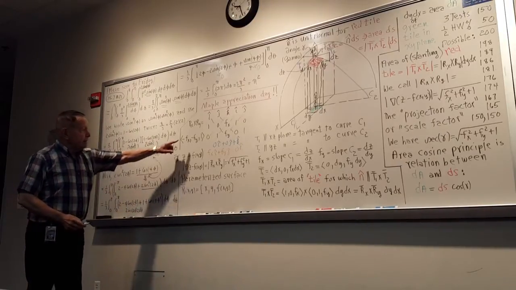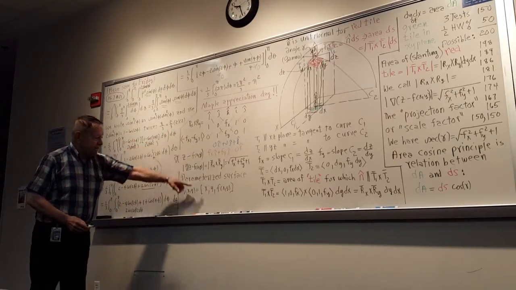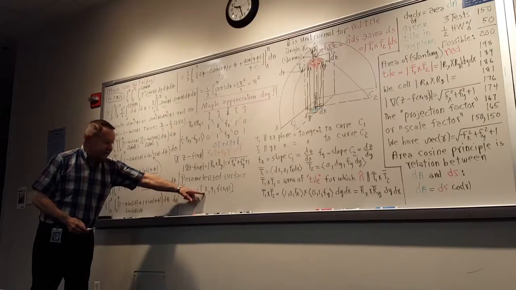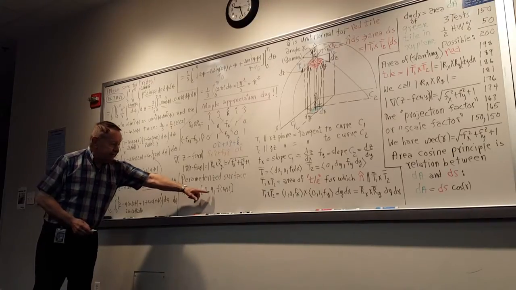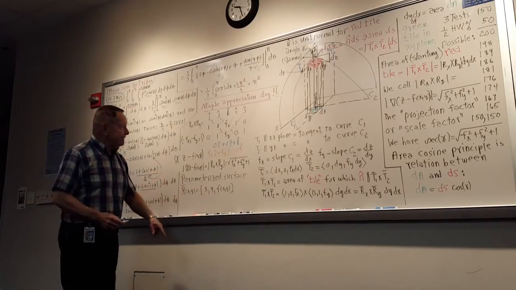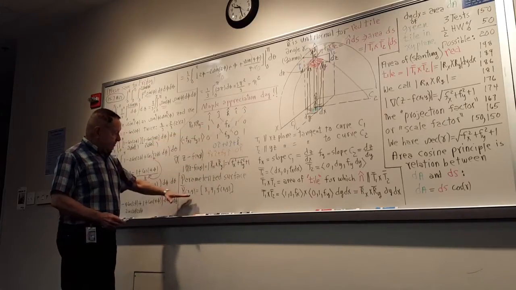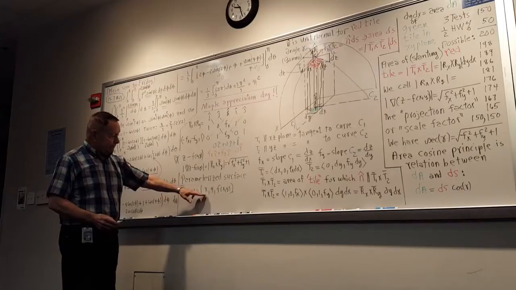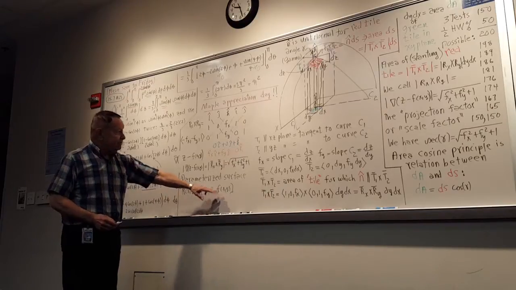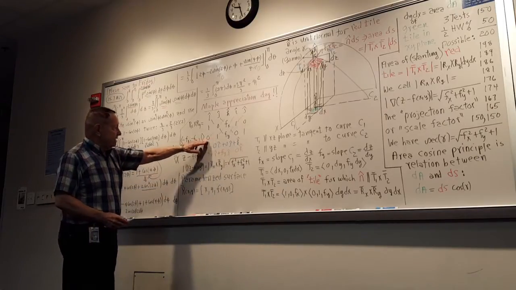then your partial with x of a thing like this is going to give you 1, 0, and f sub x, and that's this line. And your partial with y is going to give you 0, 1, f sub y, and that's this line.